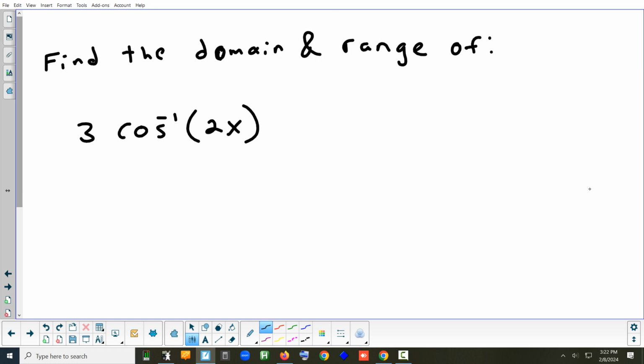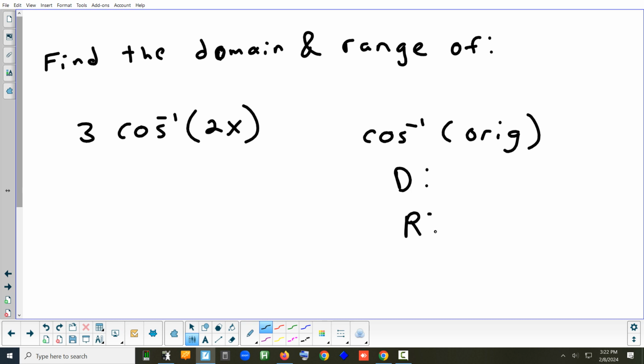All right, so last question is finding the domain and range of an inverse trig function. The way you figure out domain and range is you have to know what it would be originally. So let's write it down for inverse cosine. So this is the original. What's the original domain for inverse cosine?